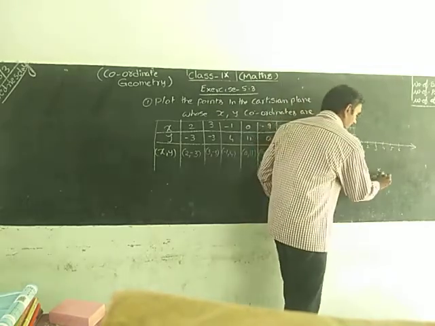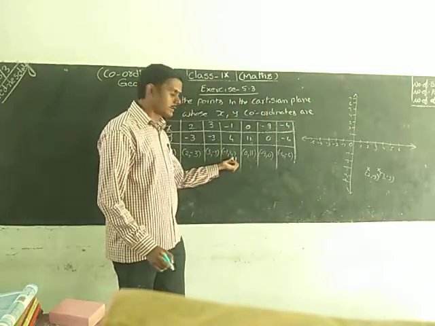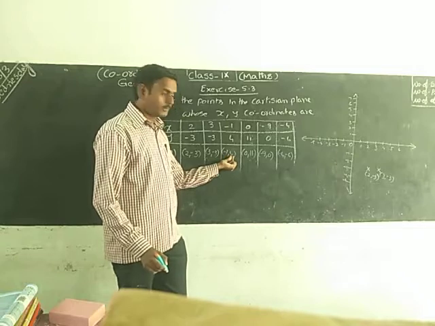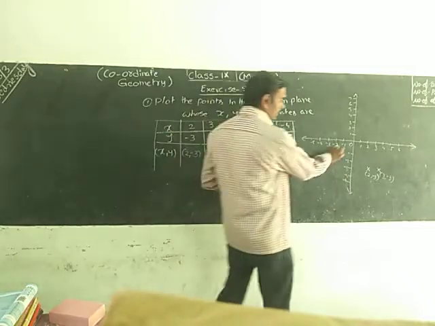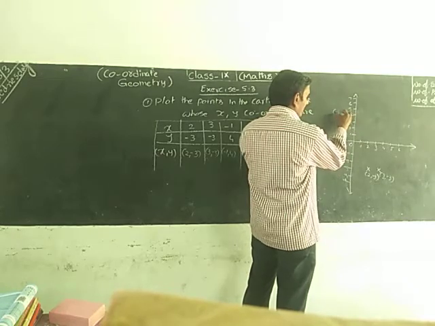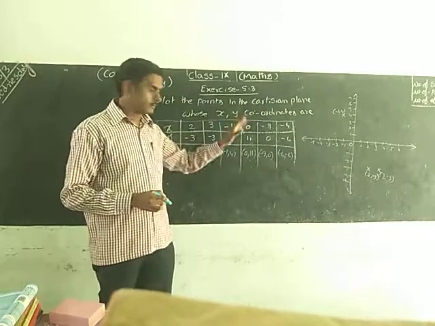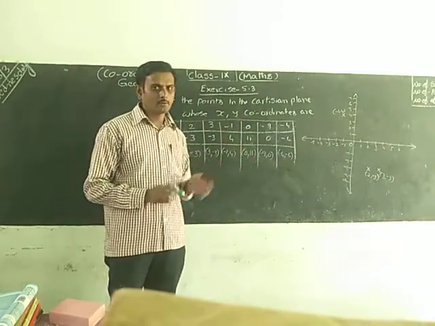So we take 3 comma minus 3. Similarly, minus 1 comma 4. X is negative, y is positive. Minus 1 and 4 will meet at one place. You have to do that on graph paper. The remaining points you can do yourself.